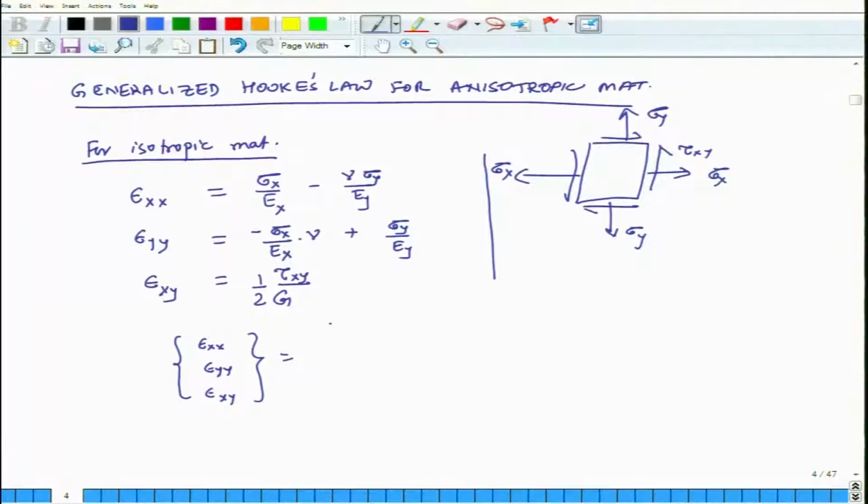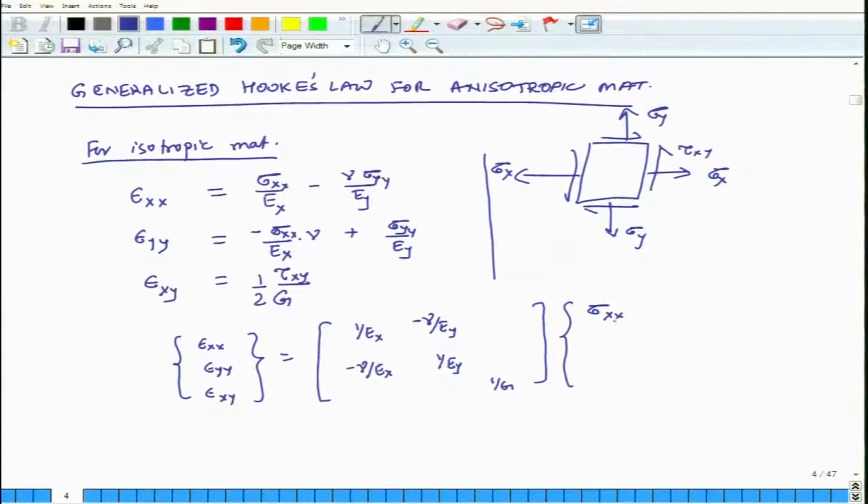is equal to 1 over E x, minus nu over E y, minus nu over E y, E x, 1 over E y and 1 over G, like this, and then because I am using tensor notation, I have to put 2 indices.